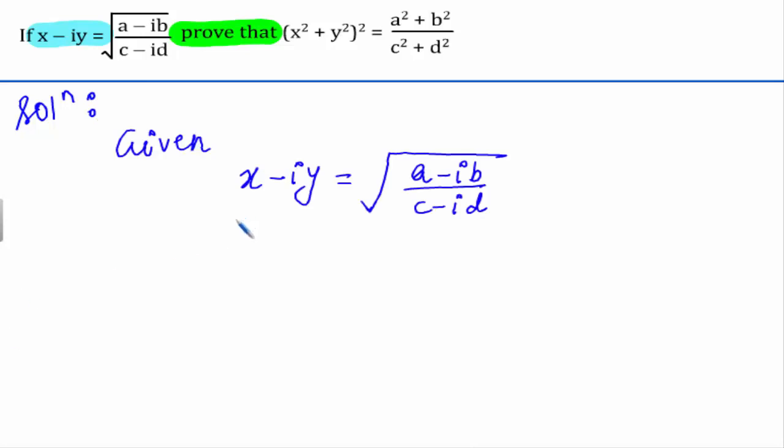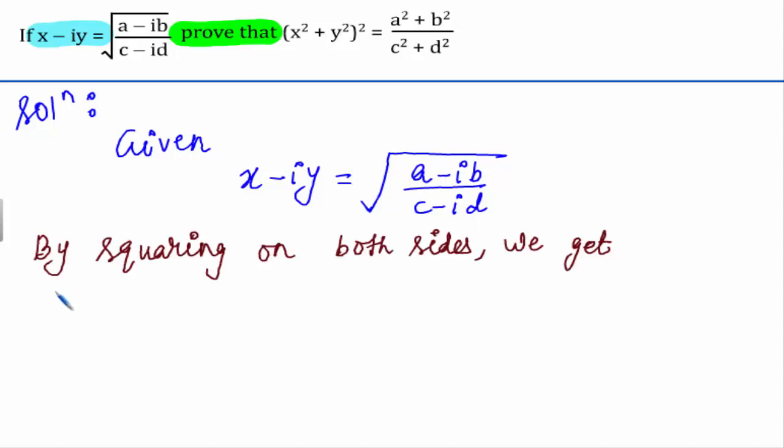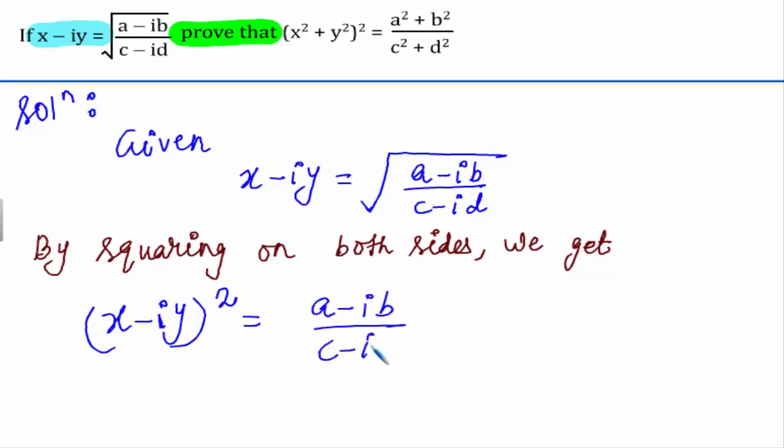We are given x minus iy is equal to root over (a minus ib) divided by (c minus id). By squaring on both sides of the equation, we get (x minus iy) whole square is equal to (a minus ib) divided by (c minus id).